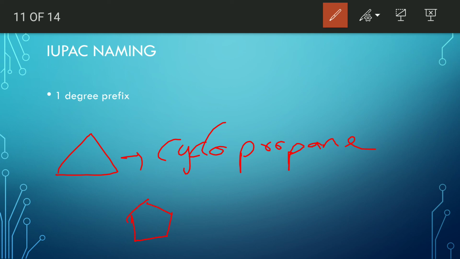So this one, cyclo, we have 5 carbons, that is pent, and it's an alkane, so the 1 degree suffix would be ane. So if I keep OH here, then ol will come. Then E goes and ol comes. And cyclopentanol. So have you understood what's the 1 degree prefix?